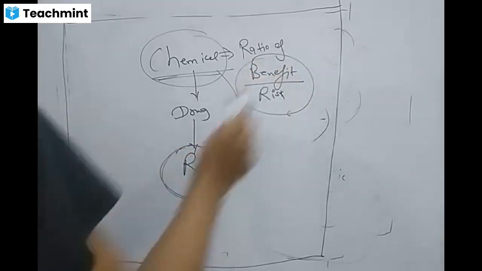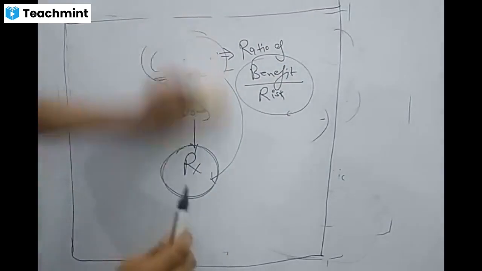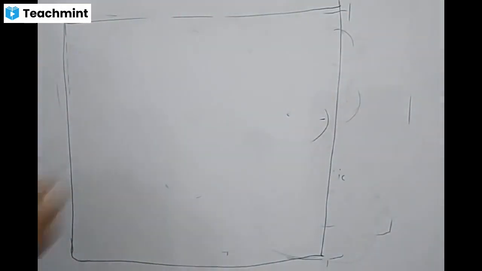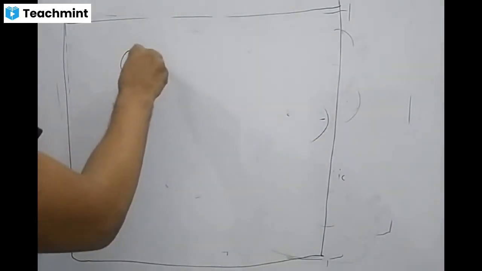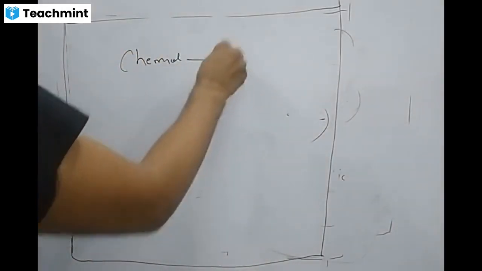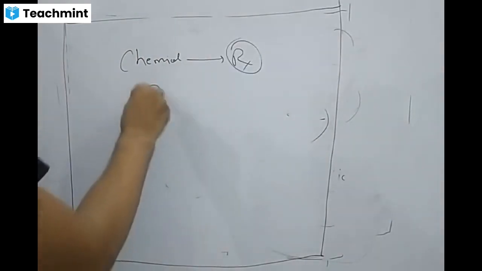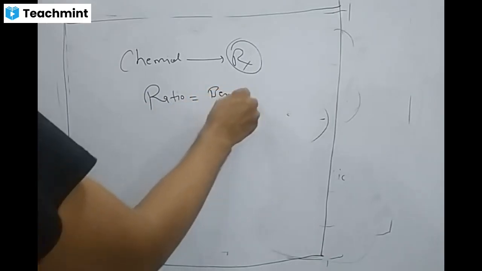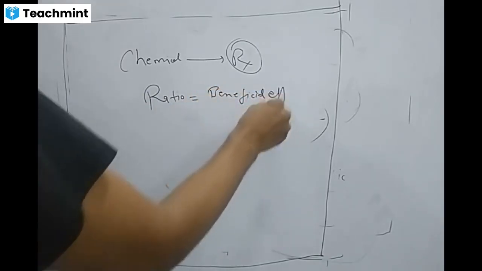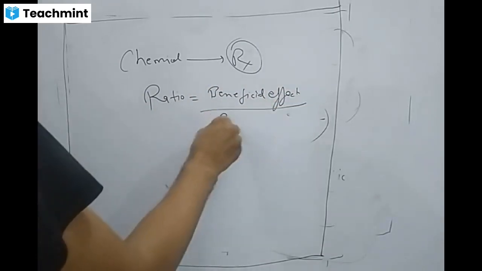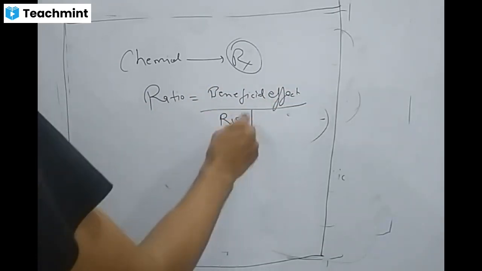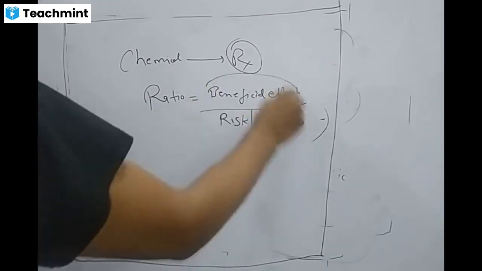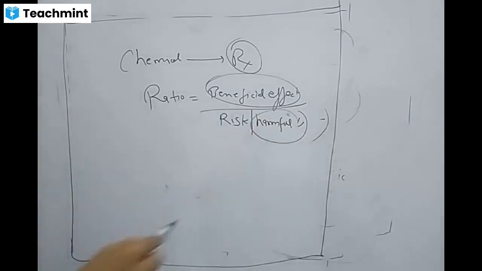This benefit divided by risk ratio determines that the chemical substance would be called a drug, or we can use that chemical for a treatment. So the ratio equals beneficial effect divided by the risk or harmful effect.